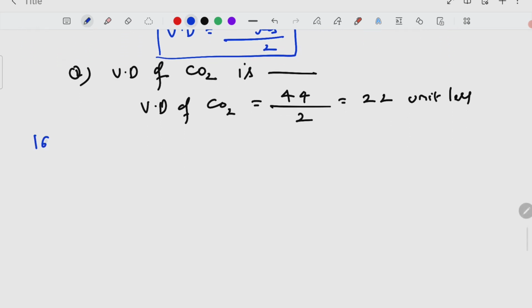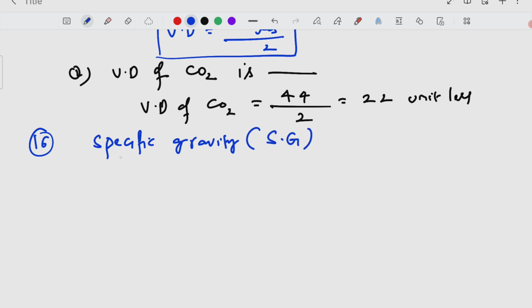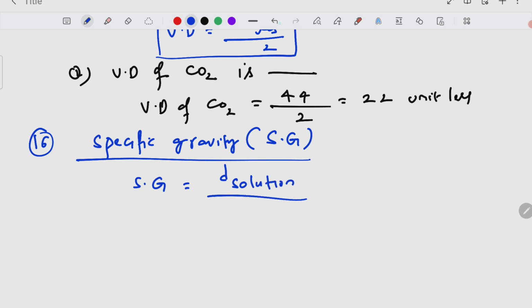Next term, that is specific gravity. Specific gravity, where most of the students make mistakes. Specific gravity, in short, if I represent it like SG. So specific gravity we represent as density of solution by density of H2O at 4 degrees Celsius.